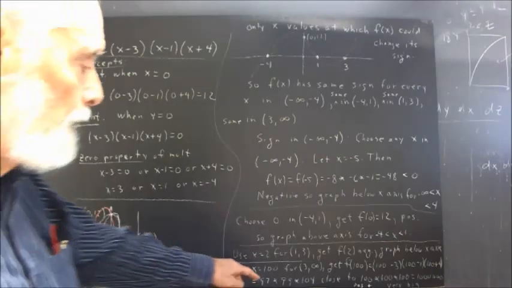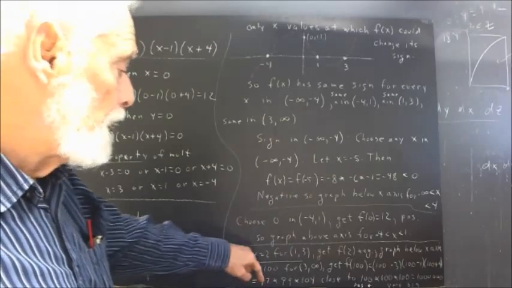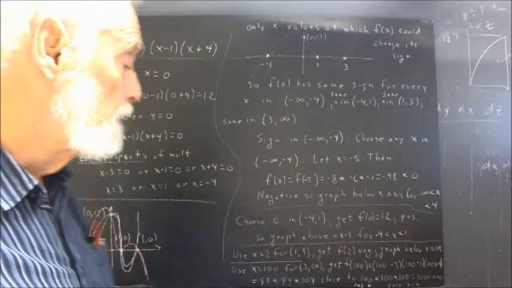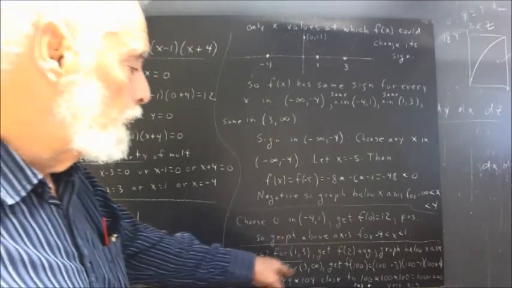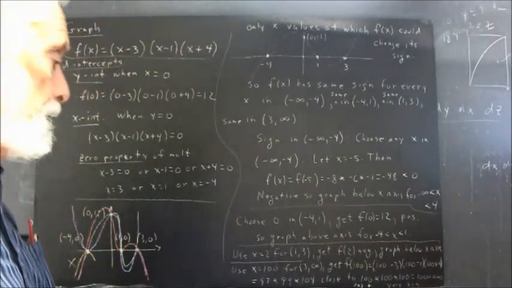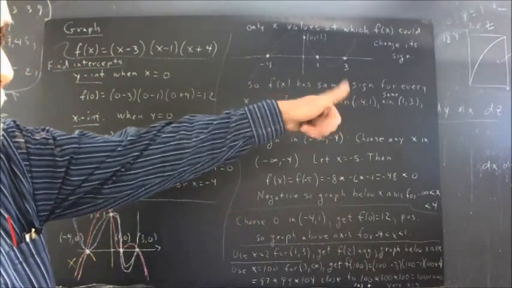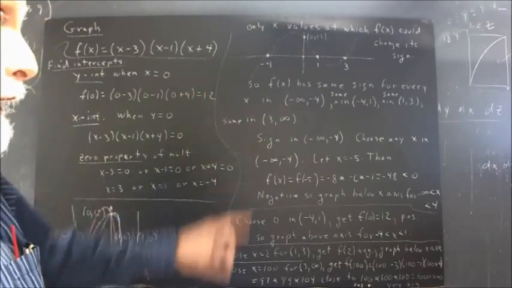In addition, it's going to be obvious whether it's positive or negative. If x is 100, then these numbers are 97, 99, and 104, and you don't even have to calculate them to know that they're all close to 100, so their product is close to 1,000,000. So we know if we go out there to 100, we've got to go up to about 1,000,000. That's a long way up. But we do know that about the graph.